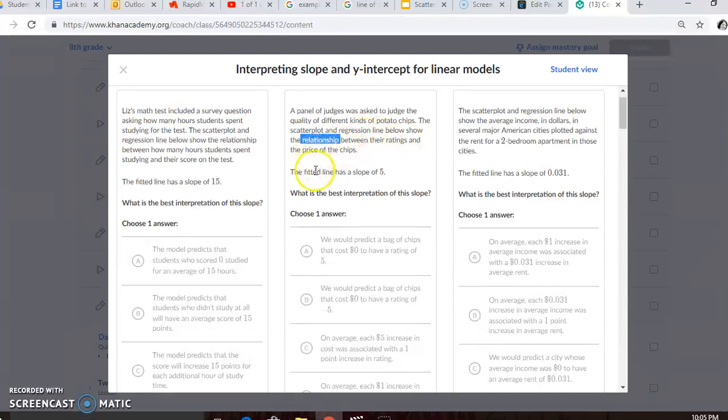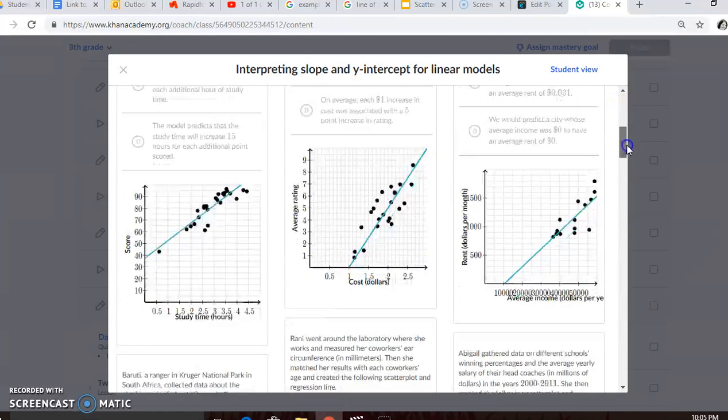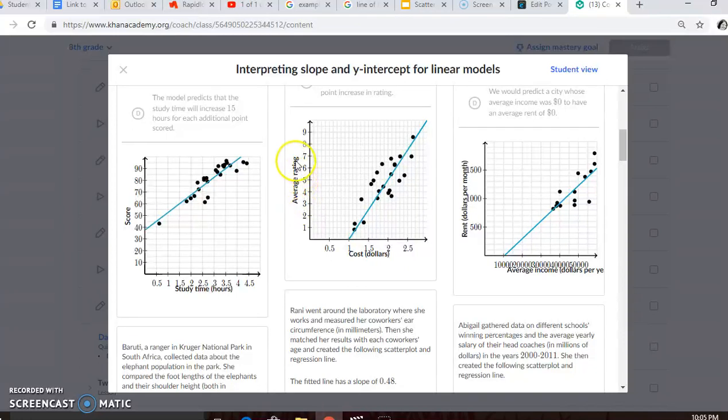It tells us that this fitted line has a slope of 5. Remember, slope is rise over run. So now let me look at my graph. Rise is average rating, right? That's my y. And the run is my cost. So I have to do rise first and cost underneath.